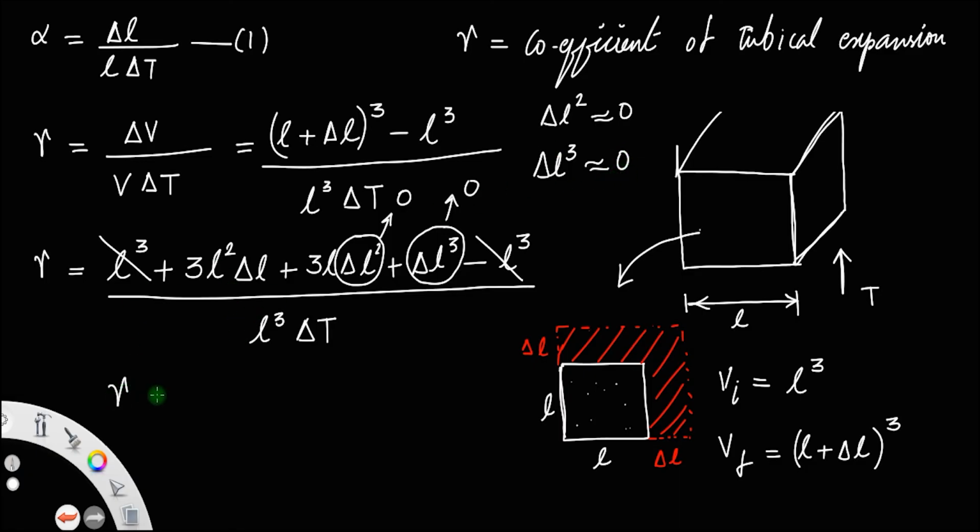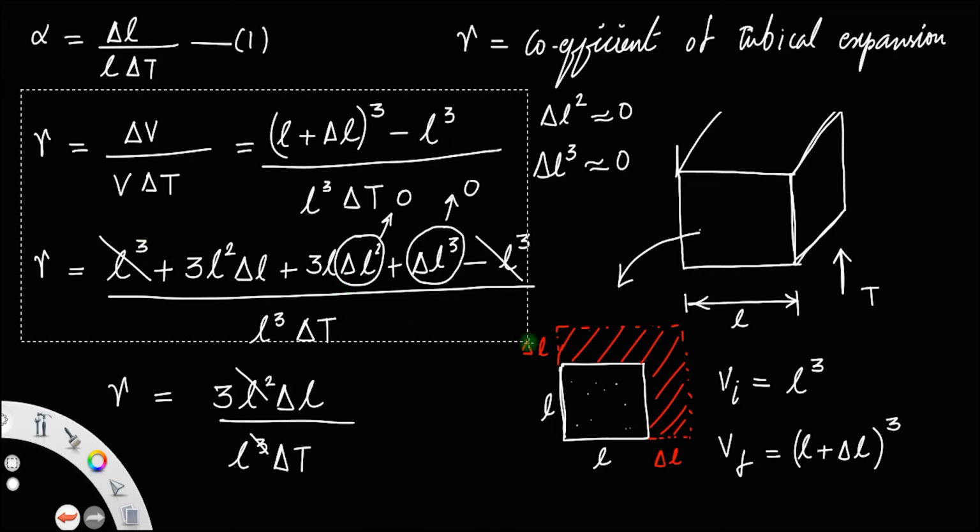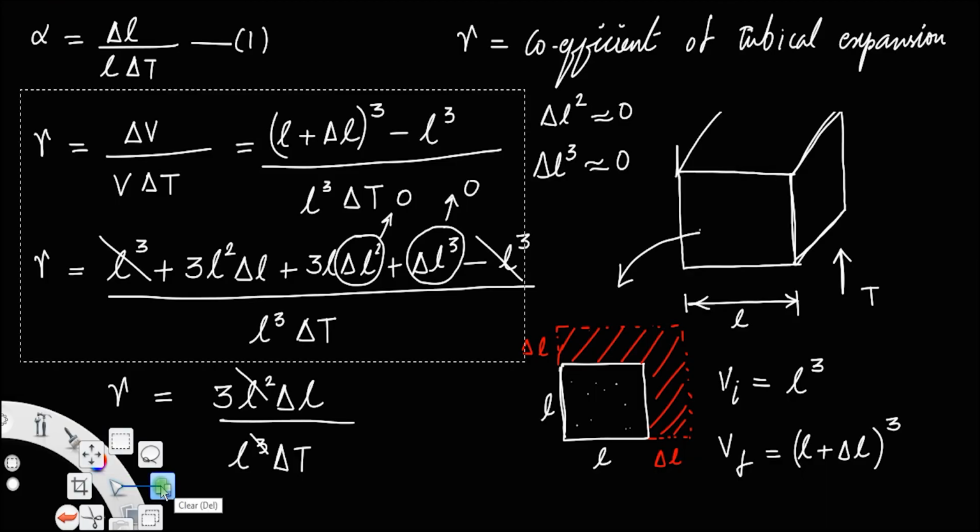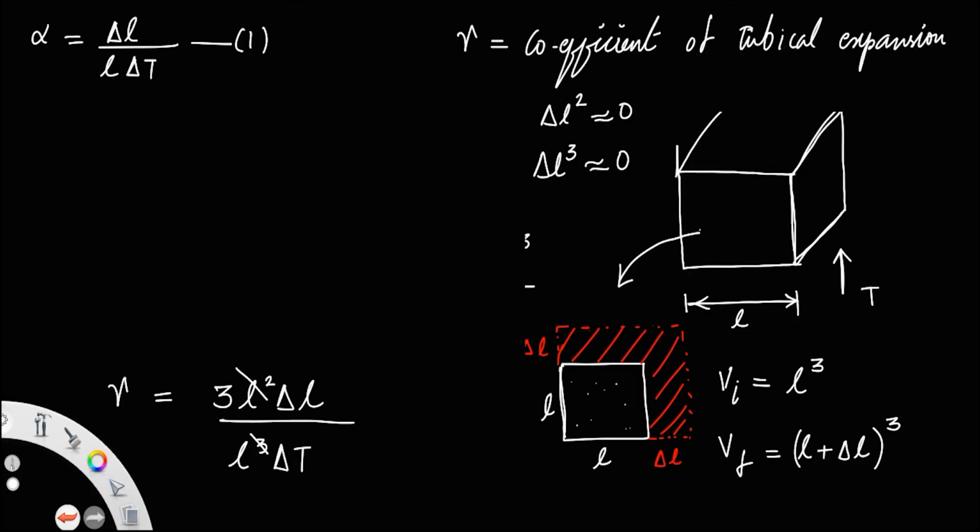So gamma will be 3L square delta L divided by L cube delta T. You can cancel these, so the final equation of gamma will be gamma equal to 3 delta L by L delta T.